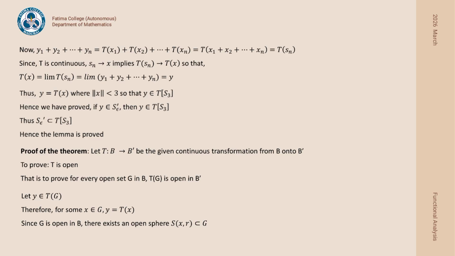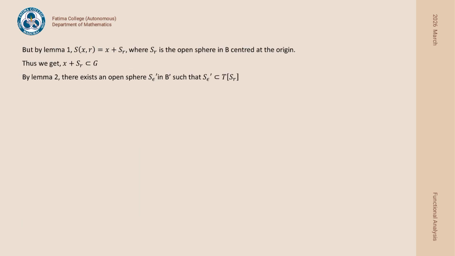As G is open, by the definition of open set, there exists an open sphere containing the point which lies entirely inside the set. Therefore, there exists an open sphere S of x comma r, that is, x is an element in S of x comma r, which lies entirely inside G. By lemma 1, we have S of x comma r is equal to x plus SR, where SR is an open sphere in B centered at the origin.